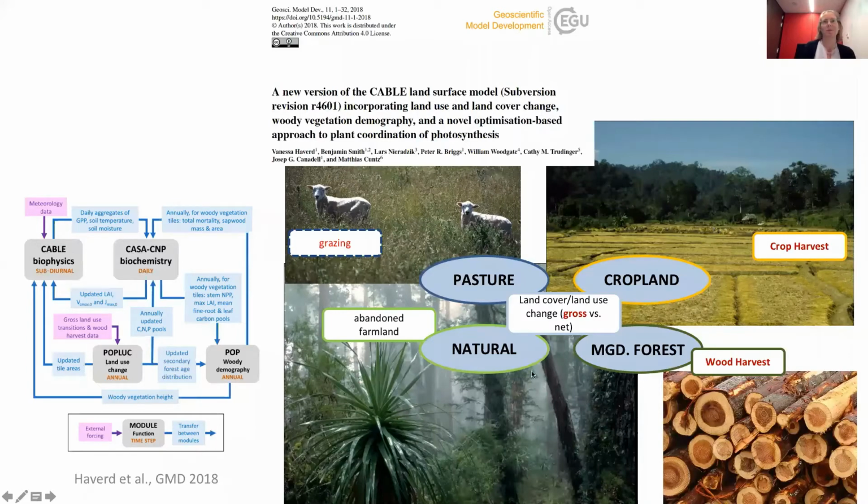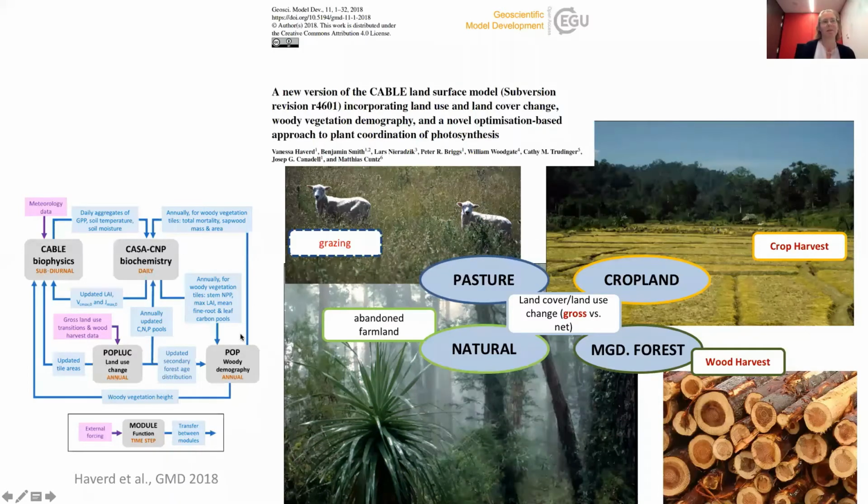We represent the natural ecosystems, also abandoned farmland regenerating to forest. We represent pasture and cropland, managed forest, wood harvest, etc. And the new elements in the model compared to the standard land model you may or may not be familiar with are these POP and POP-LUC modules.